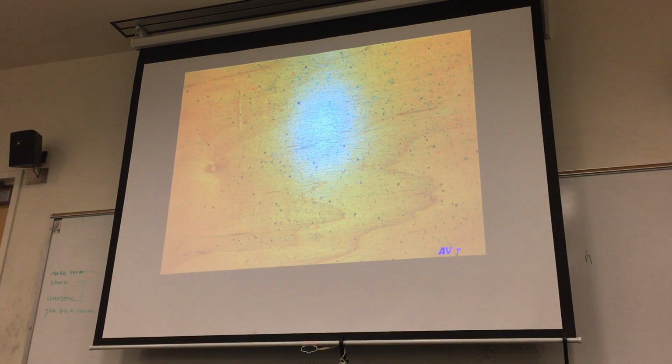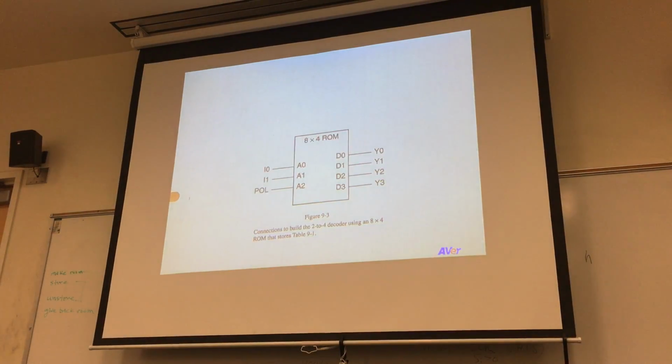I have 3 inputs and 4 outputs. I can implement that 2 to 4 line decoder with a ROM. Actually, I could use the RAM or any other type of memory device that you want.